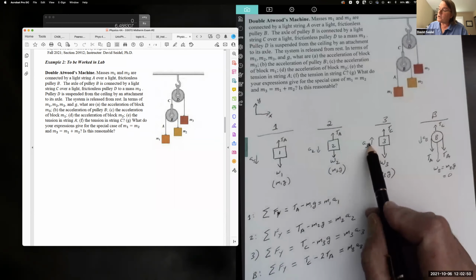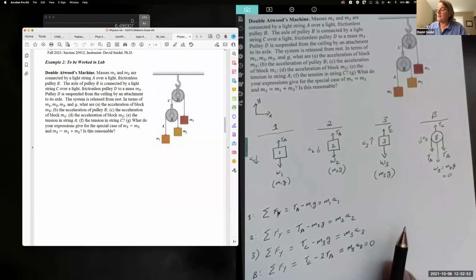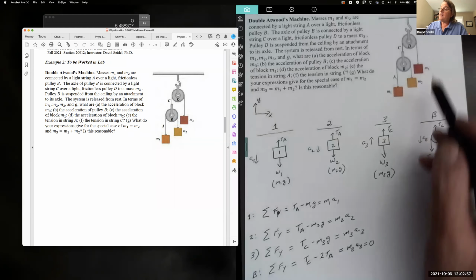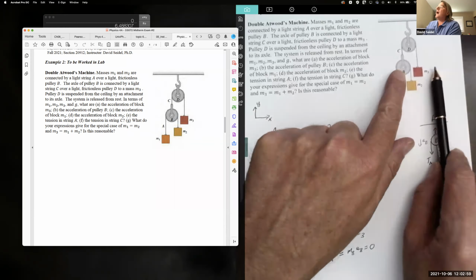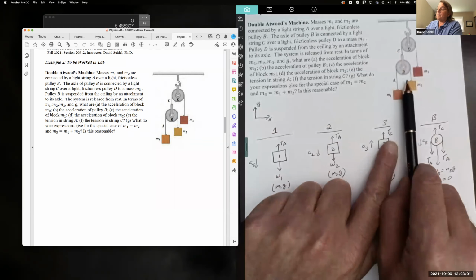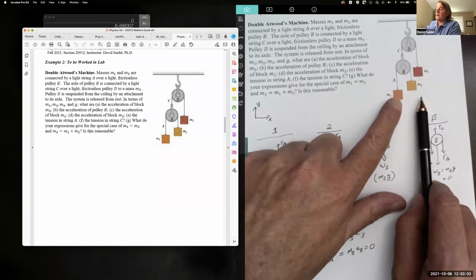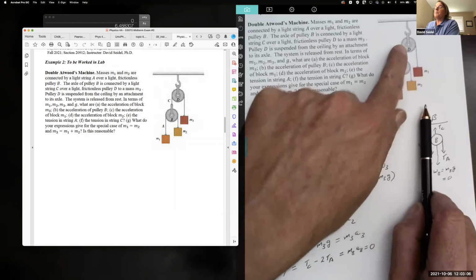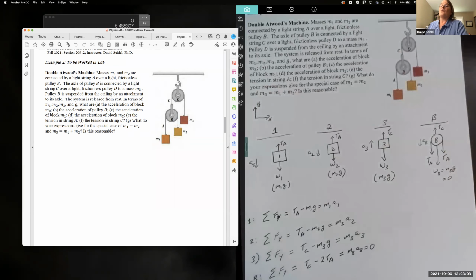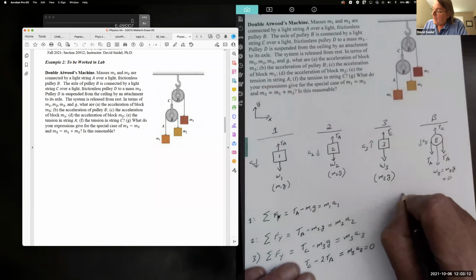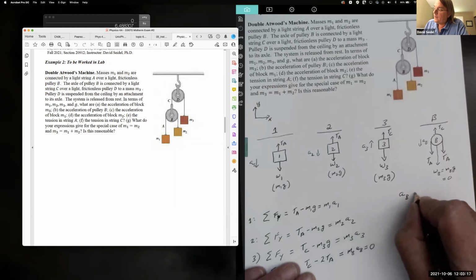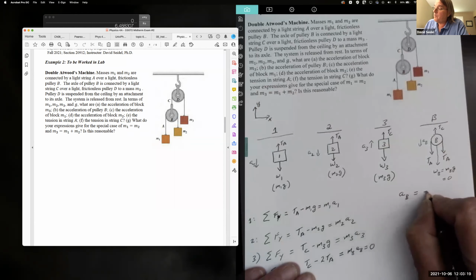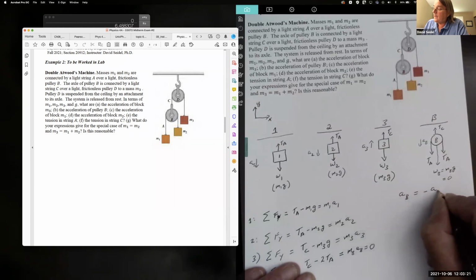But what do I know for sure? I know that A3 is equal to minus AB. If this block is going down, the pulley is going up. So I know that AB is equal to minus A3.